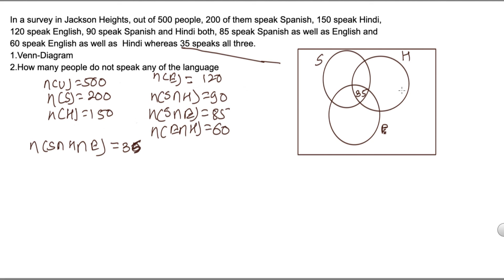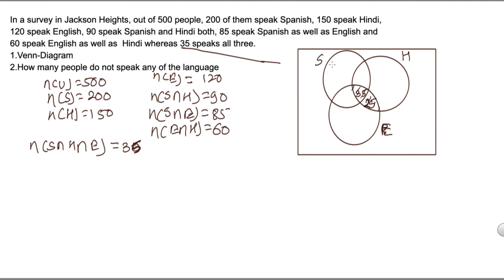Let us see now English and Hindi. Since H intersection E is 60, this area is 60, this is 35, that means this must be 60 minus 35, which is 25. So this is 25.